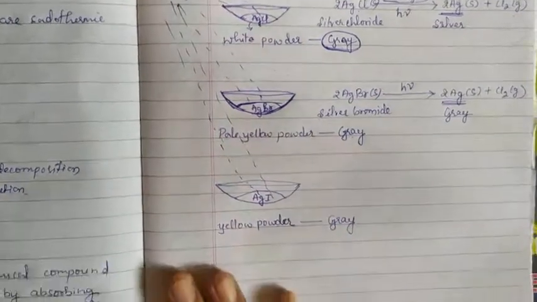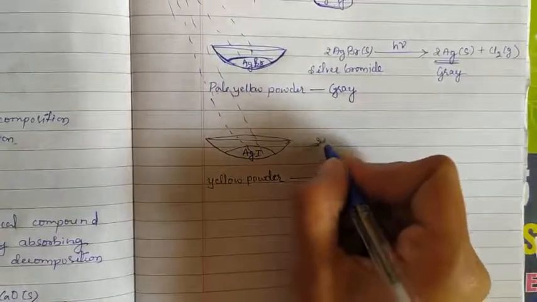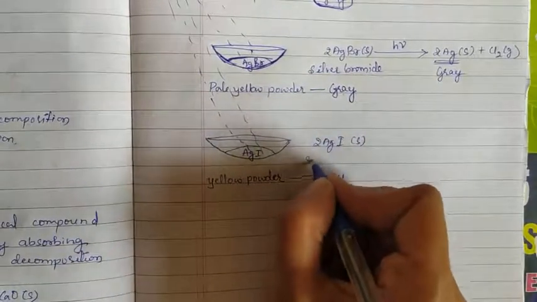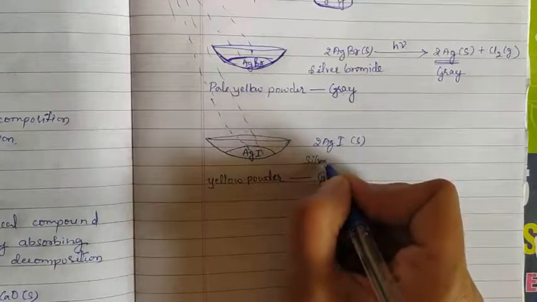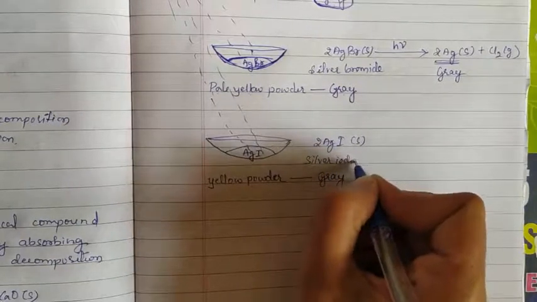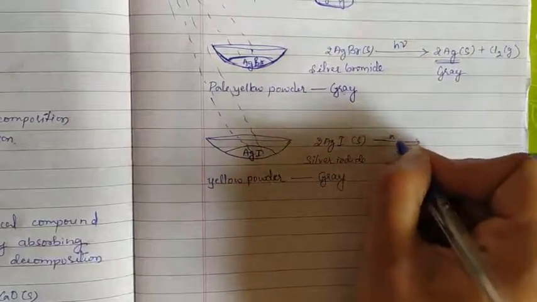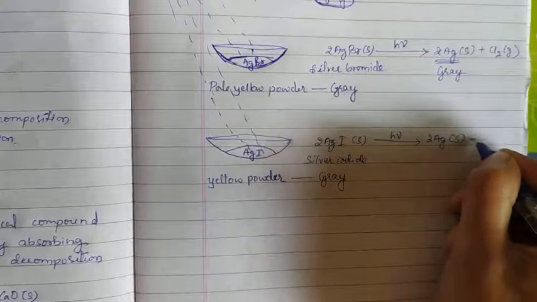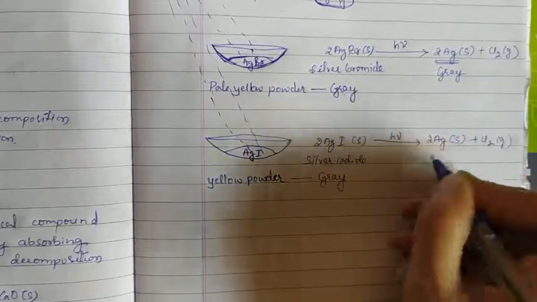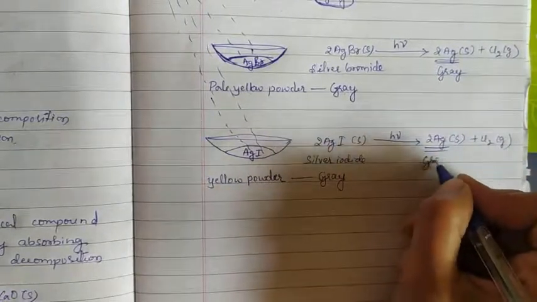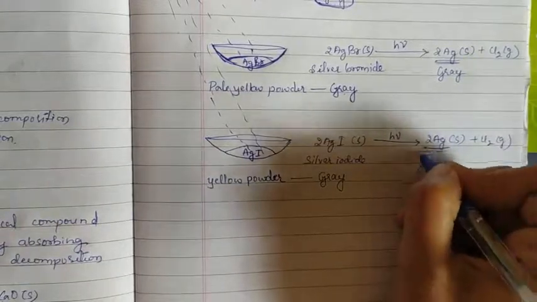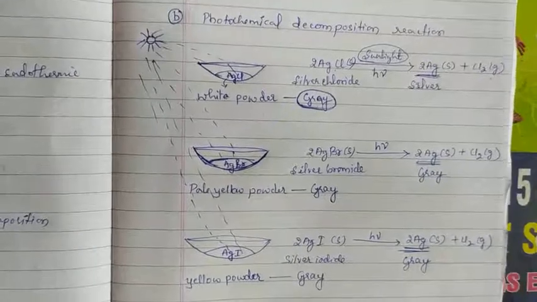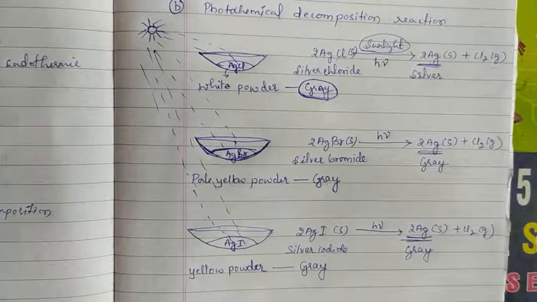Again here also silver iodide, a yellow powder, on exposing to sunlight decomposes into silver and iodine gas. So again this gray color is due to the formation of silver atoms. So see here, these are the 3 examples of photochemical reactions.